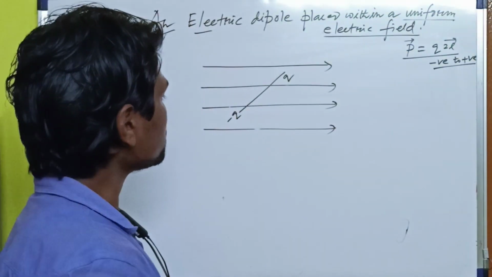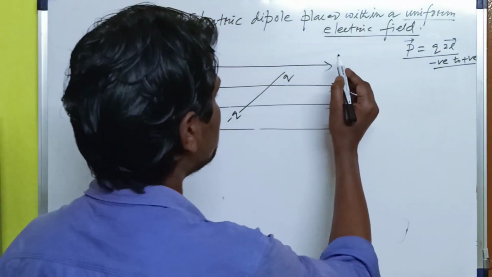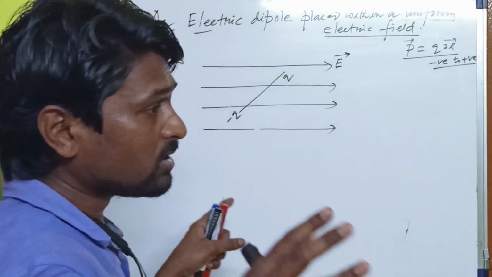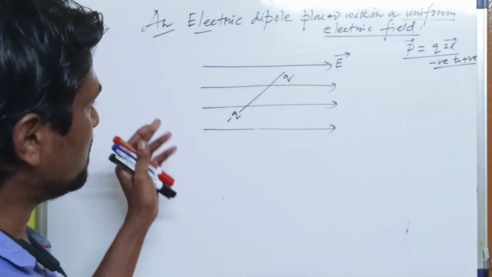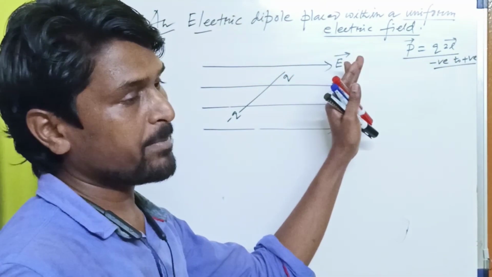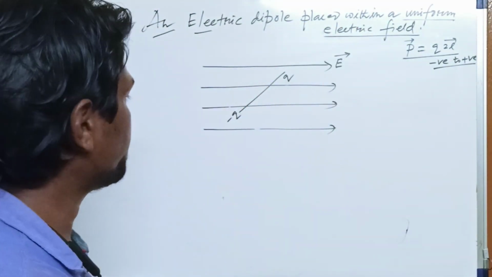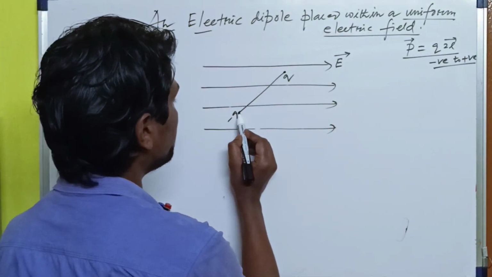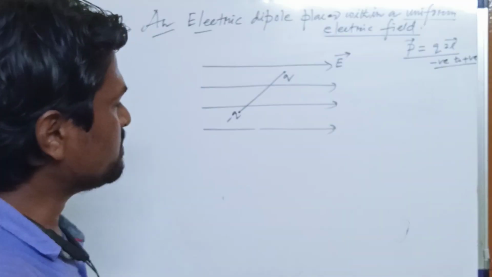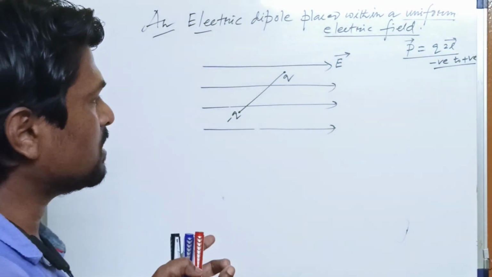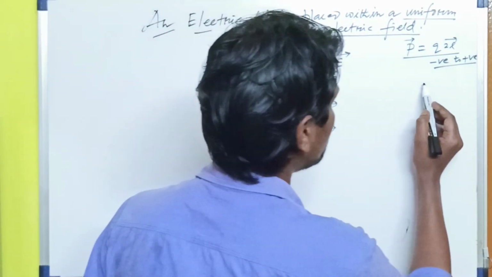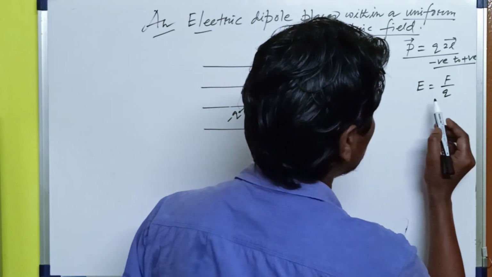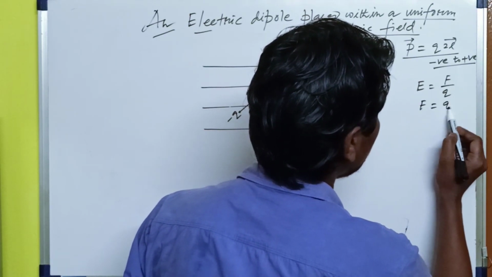So students, this is electric field, and electric field is not a function of r, which means the intensity is the same everywhere. So this is an electric dipole, and that particular positive charge can experience a force, because we know that electric field equal to force by charge. So force equal to qE.